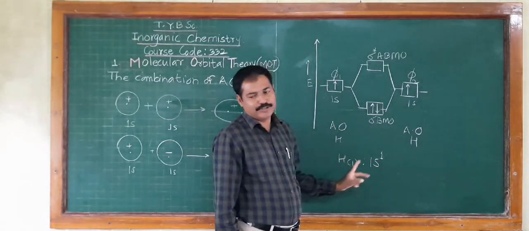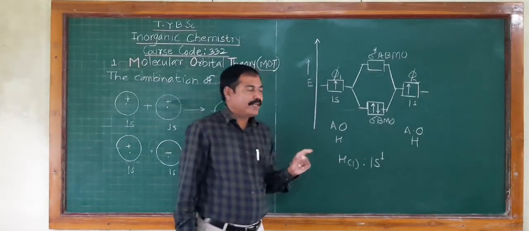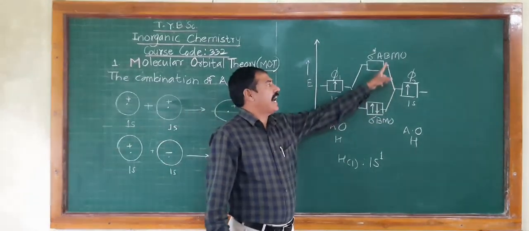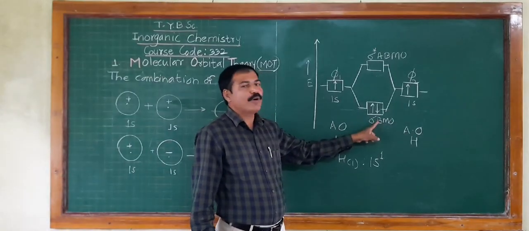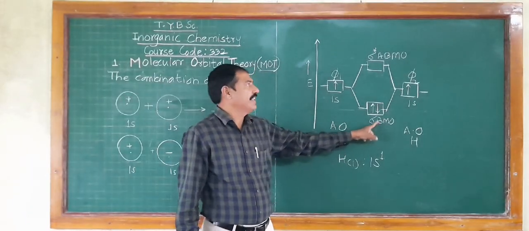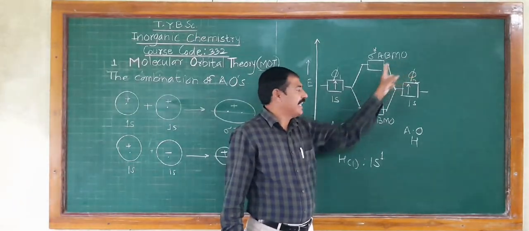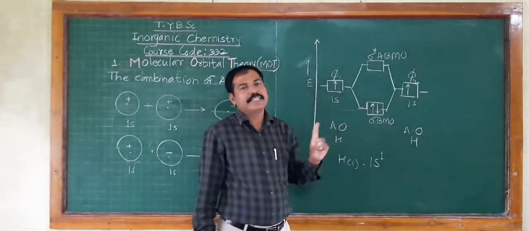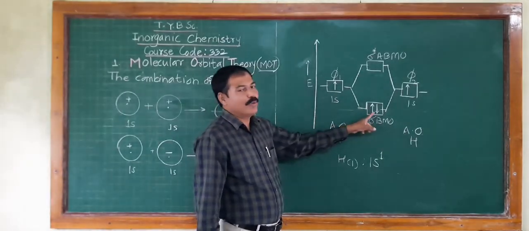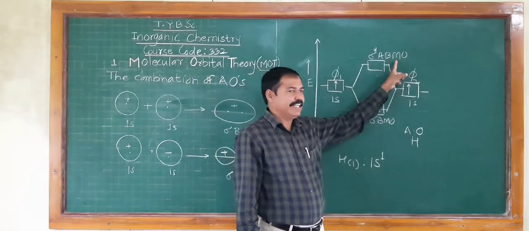Now we go to distinguishing between the bonding molecular orbital and the anti-bonding molecular orbital. The bonding molecular orbital is obtained by the combination of the atoms of hydrogen, and it has lower energy, while the anti-bonding molecular orbital has higher energy.